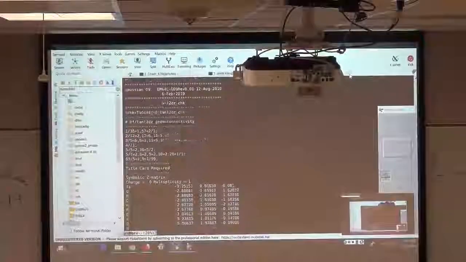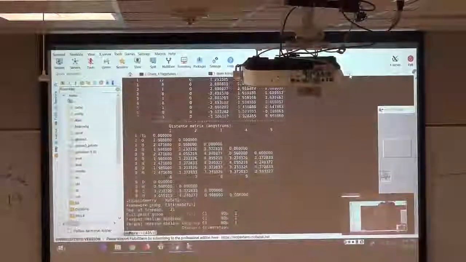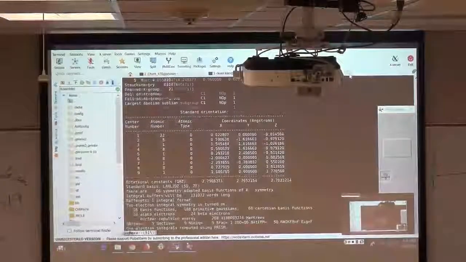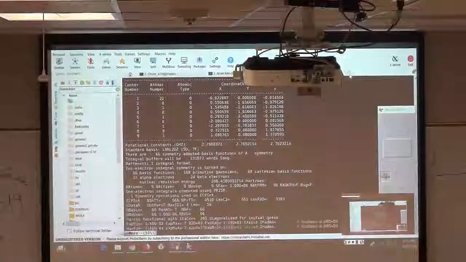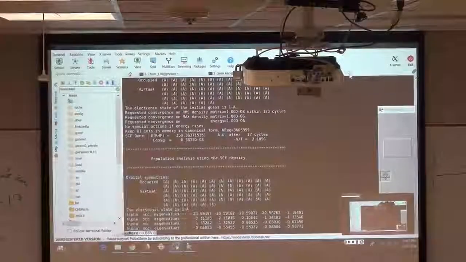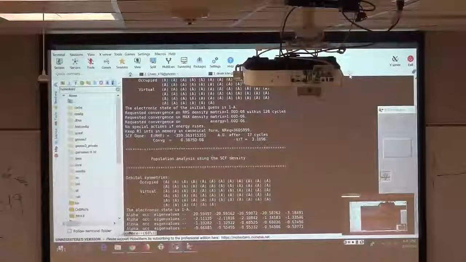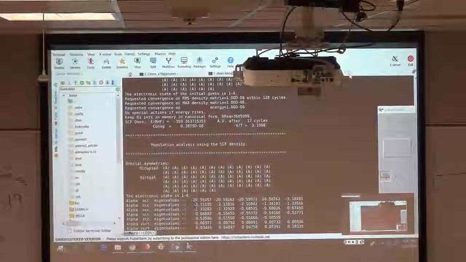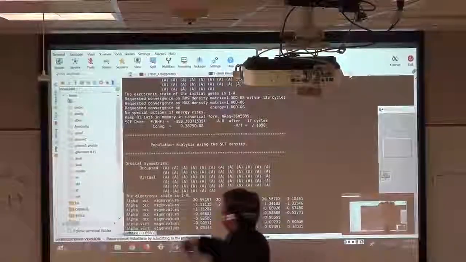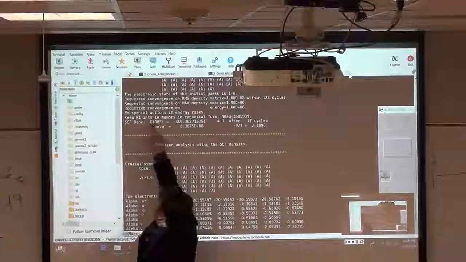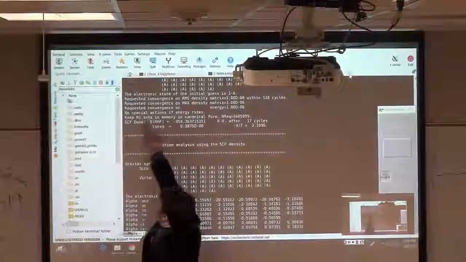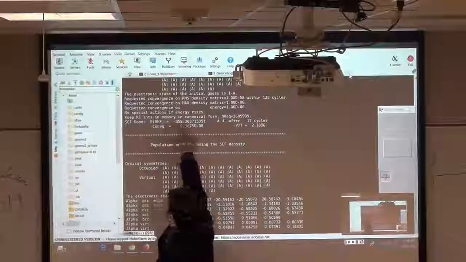So the thing we may want to focus on is, if you want to find total energy, you should look for this part, SCF done.